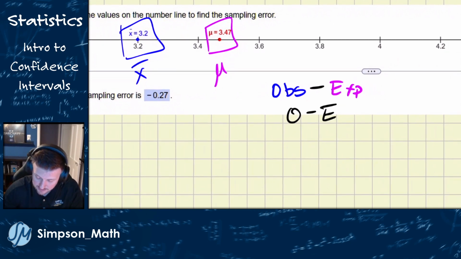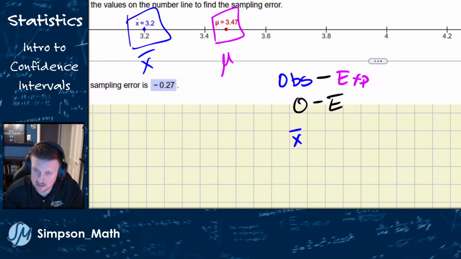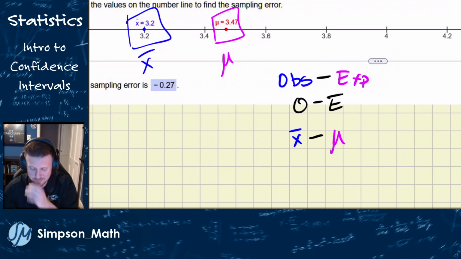So in this case, what am I observing? I'm observing X bar. That's what I observed. That's what was tangible to me. Minus, what was I expecting? Well, I was expecting that if I sample from a population of mu, I should get mu or something close to it. And this is then something close to it. I'm a bit off from it.